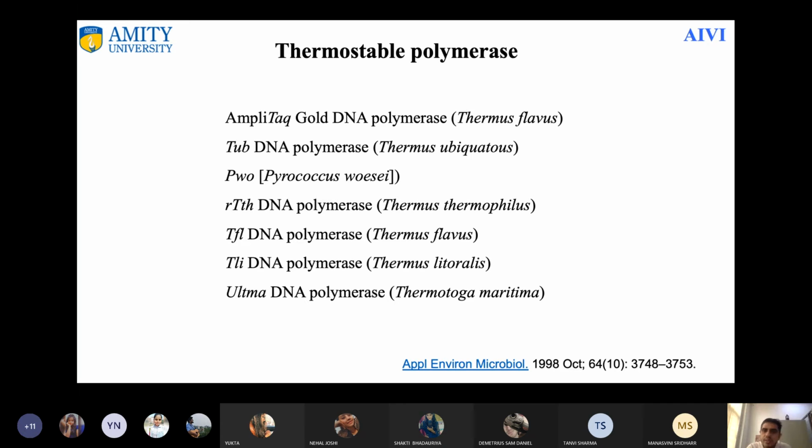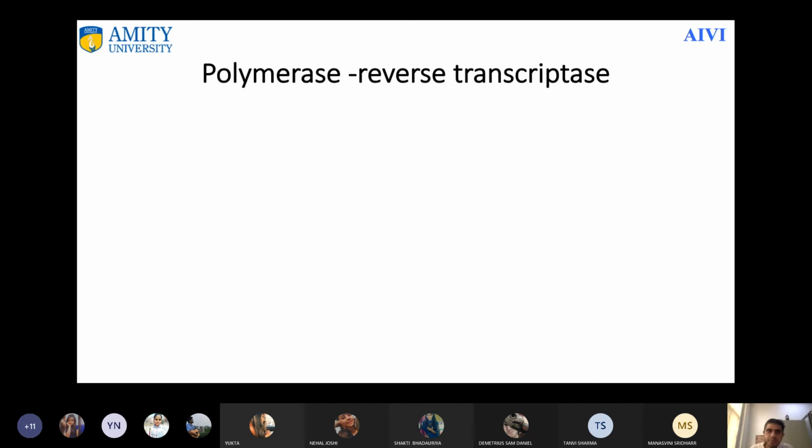So these are different enzymes. If you want to read more about these enzymes, you can refer to this article, which is listed in the reference, published in Applied and Environmental Microbiology in 1998. So this is a bit about your thermostable enzymes.